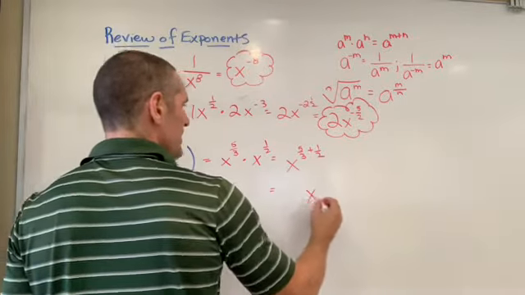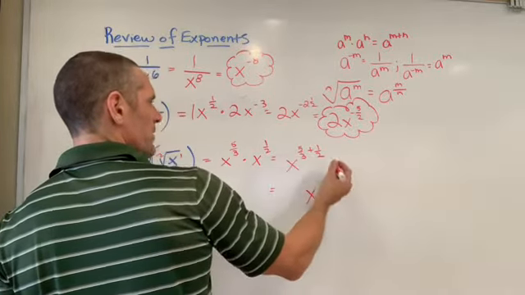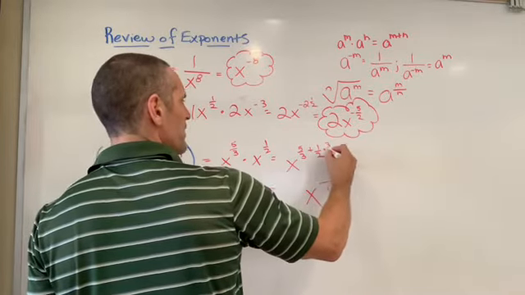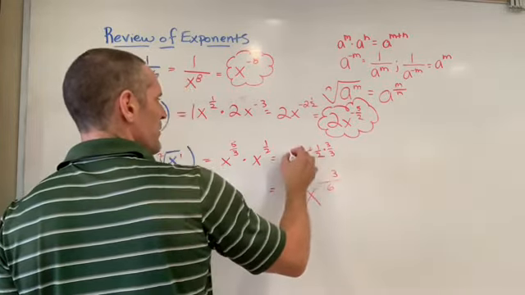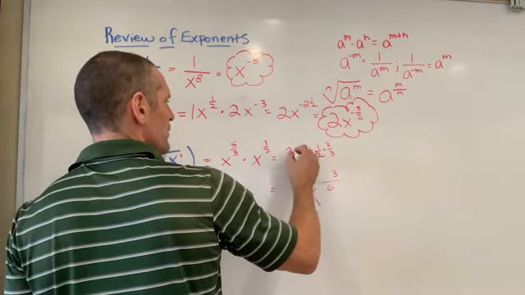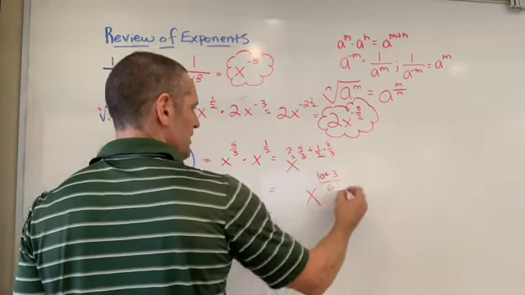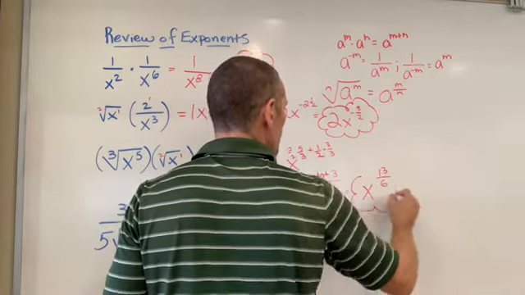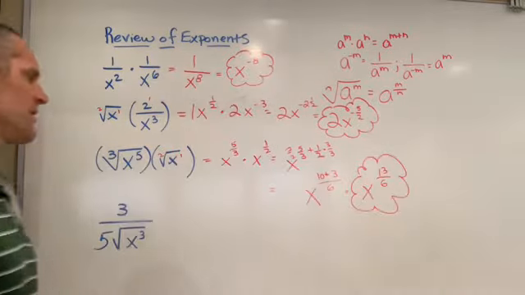So we could write this as x to the, well, if I'm going to multiply to get this to 6th power, I have to multiply this one by 3 over 3, and I have to multiply this one by 2 over 2. So I get this, which is equal to x to the 13 over 6. So I've written this with no x in the denominator.